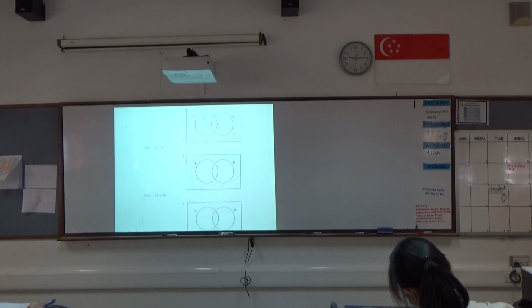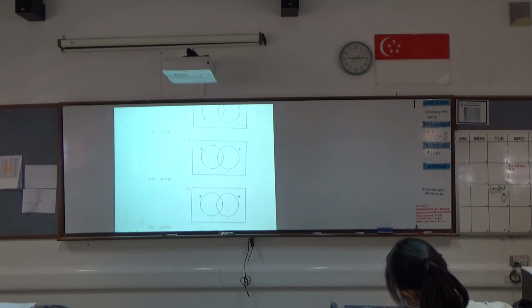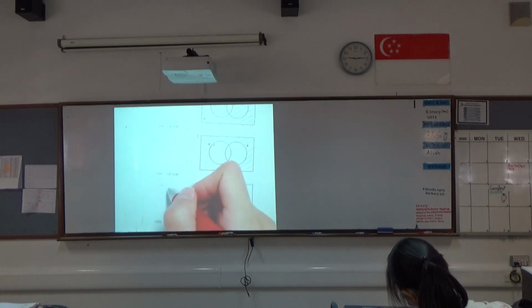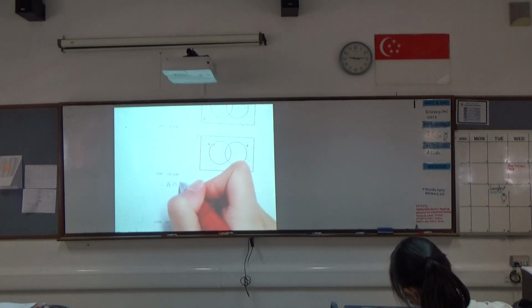Then our A union B bracket prime. For this one, you may want to consider simplifying the notation. That will be A prime intersect B prime.